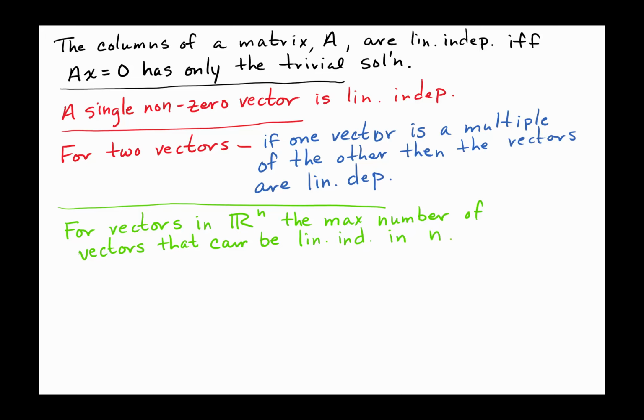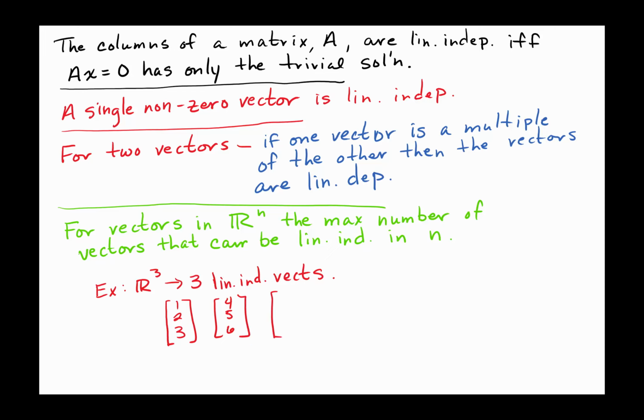So in R3, of course, we can have at most 3 linearly independent vectors. And remember, these vectors in R3 are 3 by 1s. So this is probably a set of 3 linearly independent vectors.